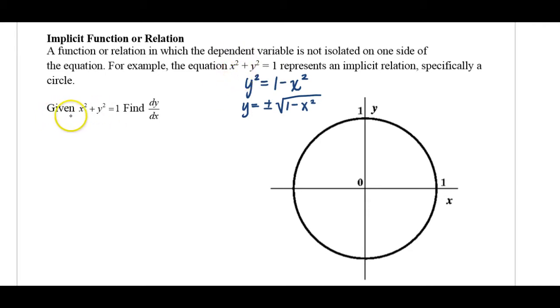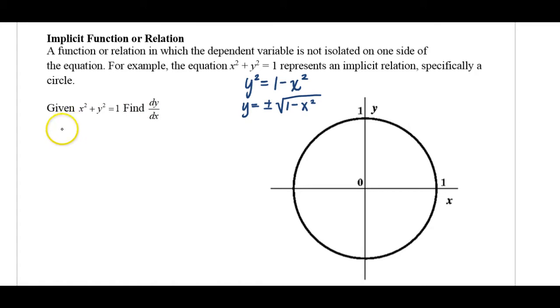So let's say we were given x squared plus y squared equals 1, and we're asked to find dy/dx. So we're being asked to find the derivative of the function y with respect to x. What we're going to do is take the derivative with respect to x of both sides of the equation.